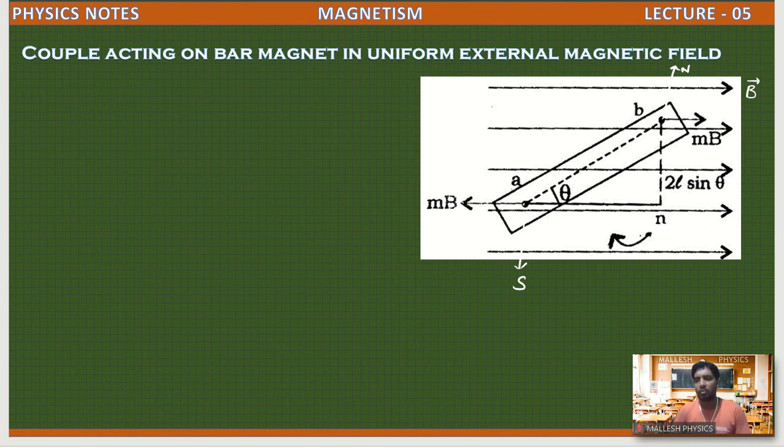As these two forces are equal in magnitude and opposite in direction, the net force becomes zero. This is the first observation: the net force acting on the bar magnet is zero.